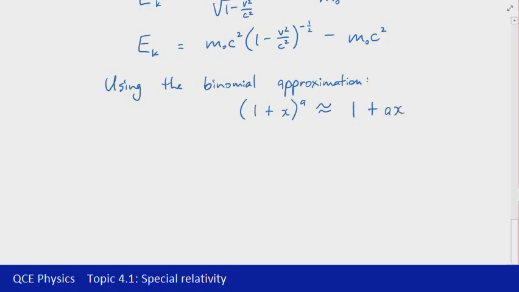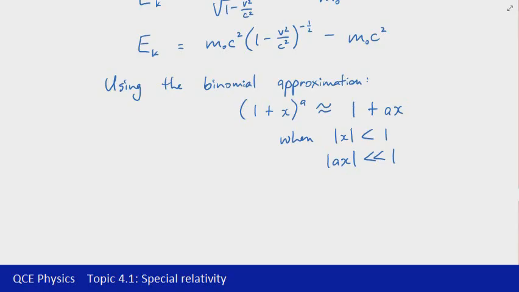So it just simplifies that expression a little. This holds under certain conditions, those conditions being when the magnitude of x is less than 1 and the magnitude of a times x is much, much less than 1. And in the case of v being much, much less than c, both of those conditions are met.